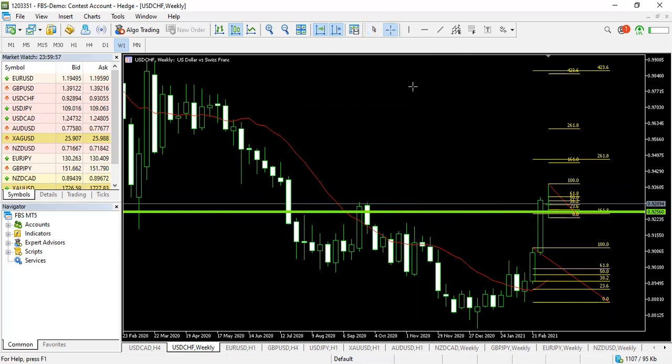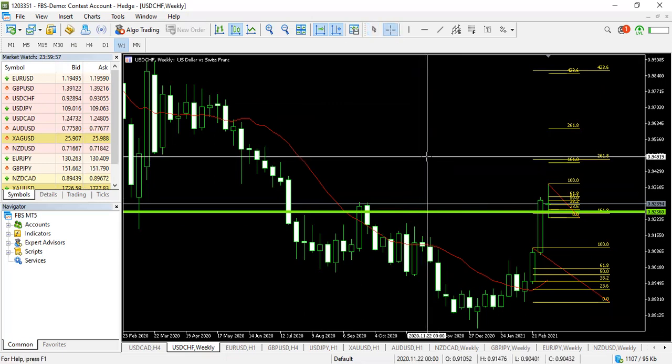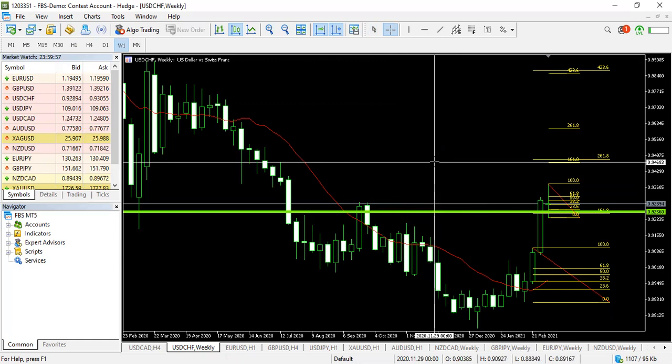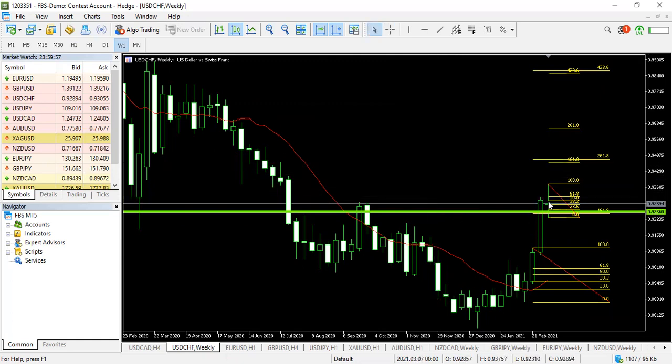The next important zone would be 0.94800 or 700, but it's also a bit far for now, about 170 pips. So we're not sure if this pair will get there and then start selling. Also, this zone here, I wouldn't want to sell there because it's not a strong resistance zone: it's 161.8 on a weekly Fibonacci and 261.8.